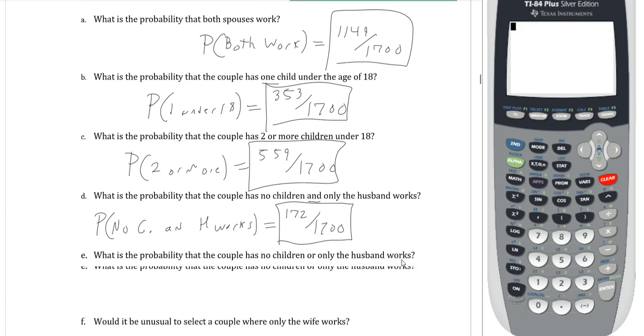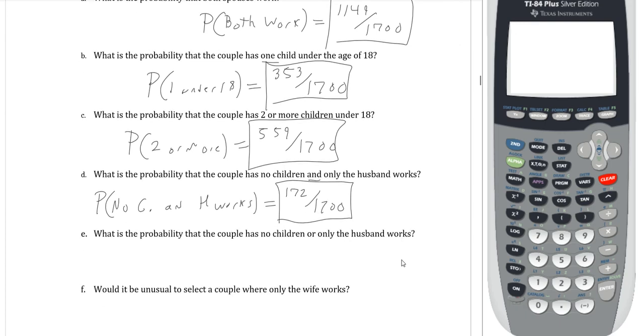And lastly, we have two more, sorry. Probability the couple has no children or only the husband works. Notice that word there. Again, it's very innocuous. People skip over it. Or. All right, so the probability of no children, or H works.